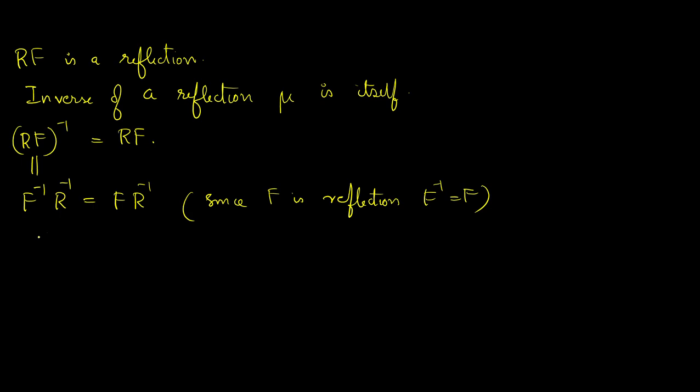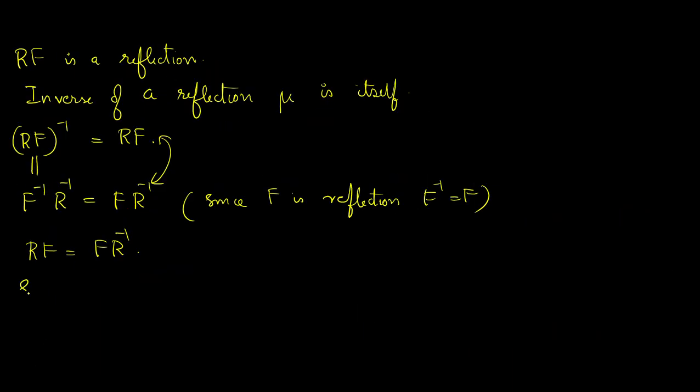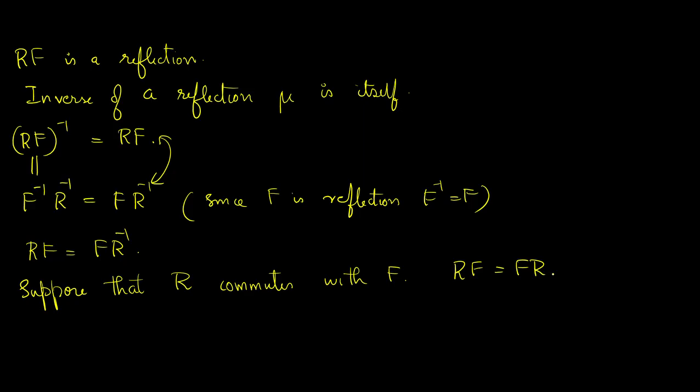Now, as of now, what do we have? These two must be the same, right? We just have that RF is equal to FR inverse. This much we have. Now, so far we have not said anything about commuting. Suppose that R commutes with F. Then we will have that RF must be equal to FR.